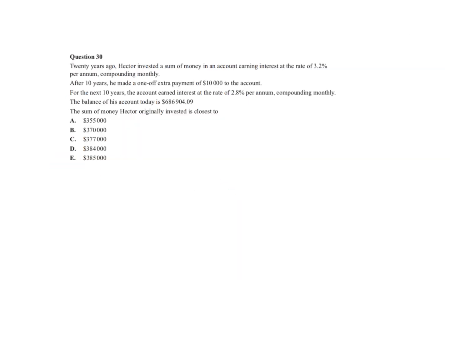Okay, 20 years ago, Hector invested a sum of money into an account earning interest rate of 3.2%. So just invested, just like to prompt myself with negative PV, and compounded monthly. So PPY equals 12.